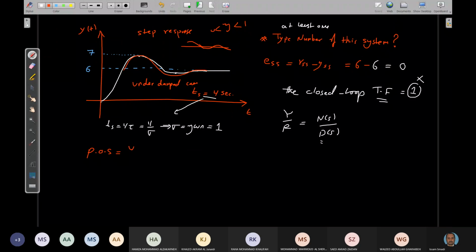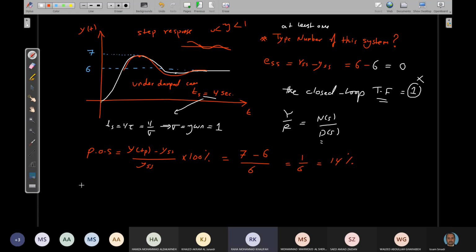It was y at t_p minus y steady state over y steady state, multiplied by 100%. The maximum point here equals 7, and the steady state equals 6, so it will be equal to 1 over 6, or this equals 14%.